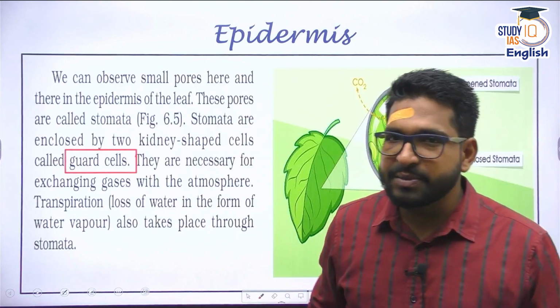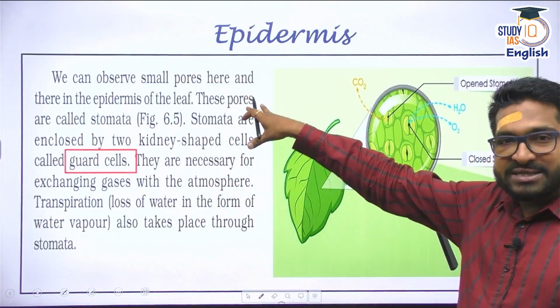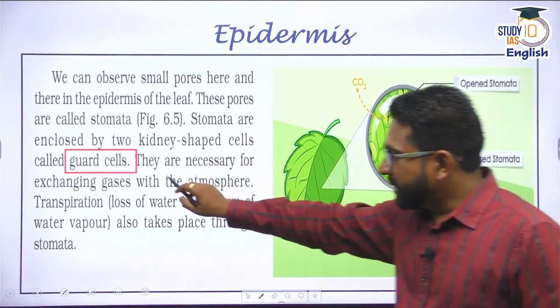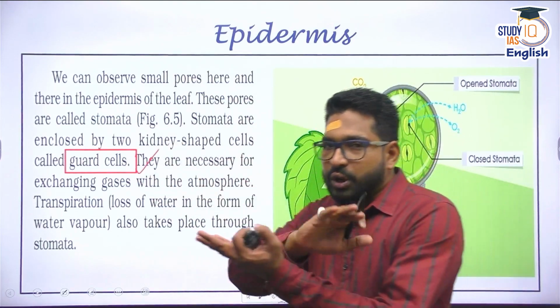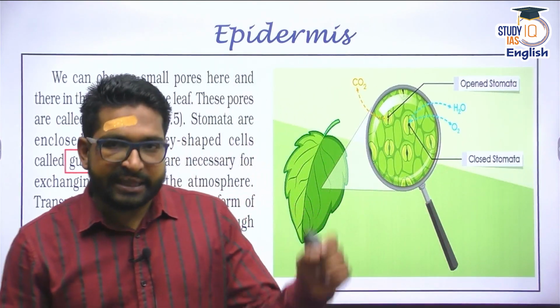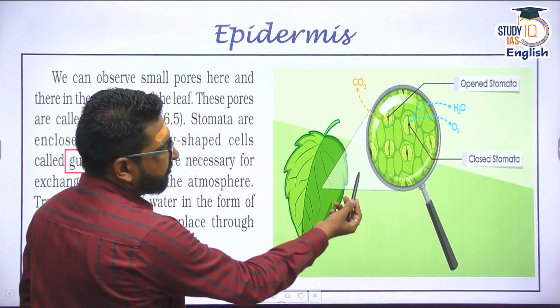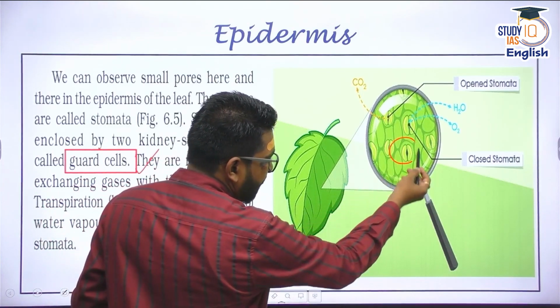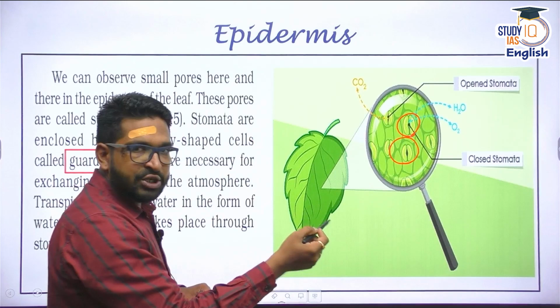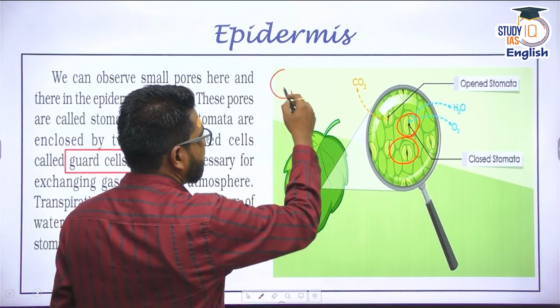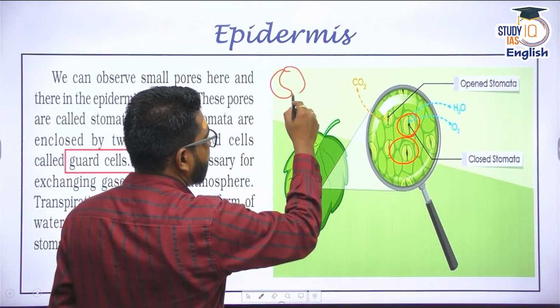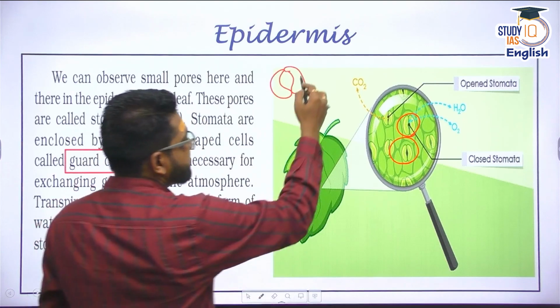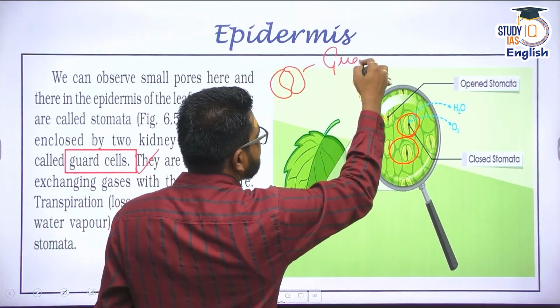Apart from that, epidermis also harbors the stomatal cells. The stomatal cells are called guard cells. If you do a cross section of a leaf, you will find in the epidermal layer itself a pair of cells, something like this, bean shaped or kidney shaped, right? Two bean shaped paired cells are found. These cells are called guard cells.